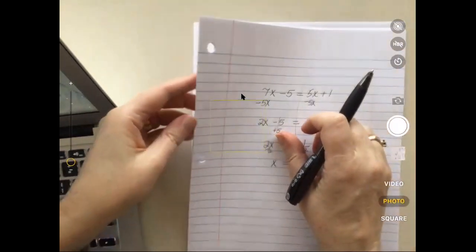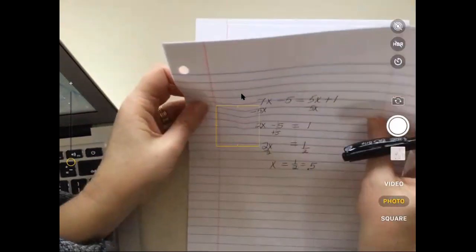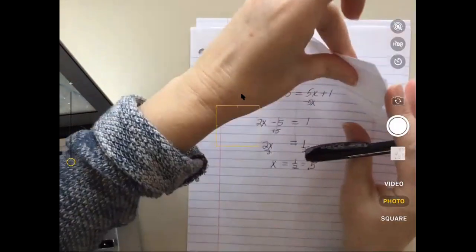Okay. Yeah. So when you've got a right triangle, let me see.